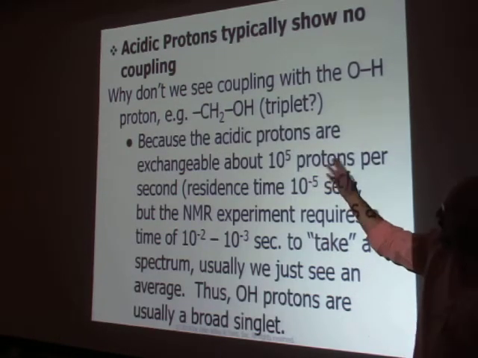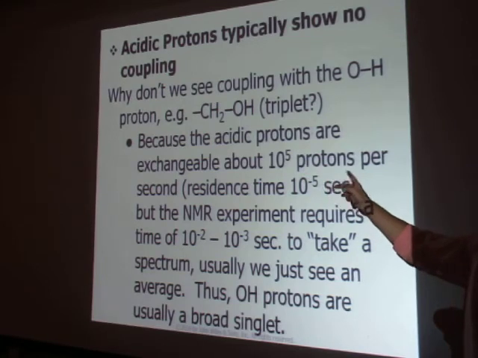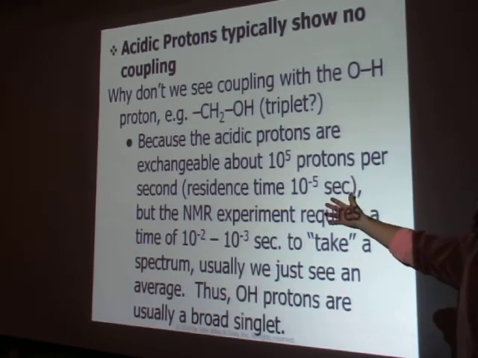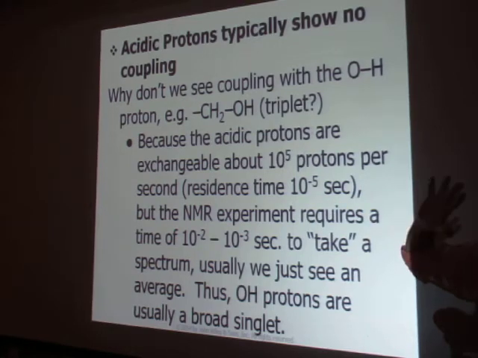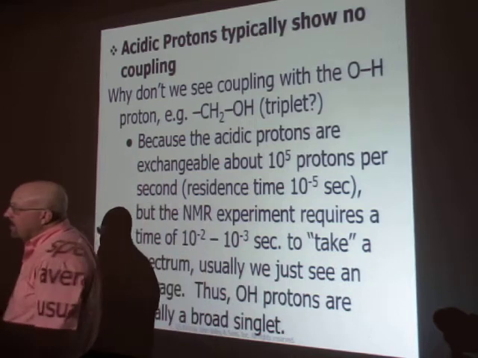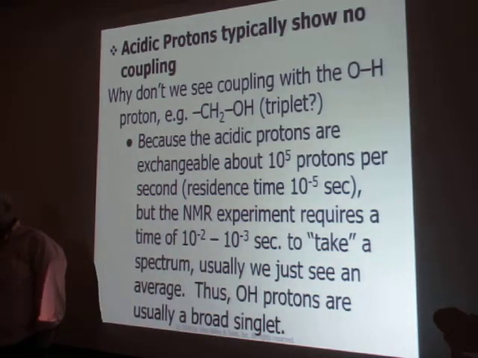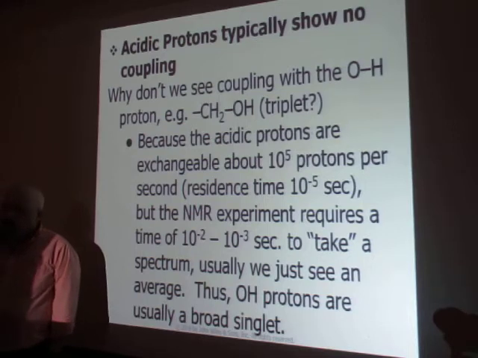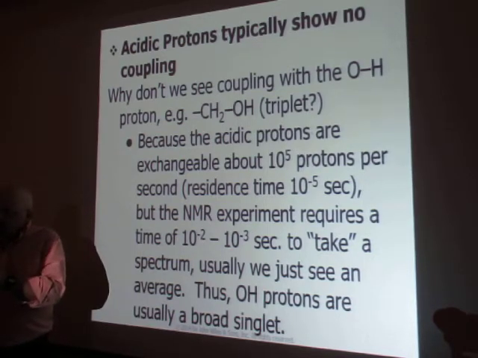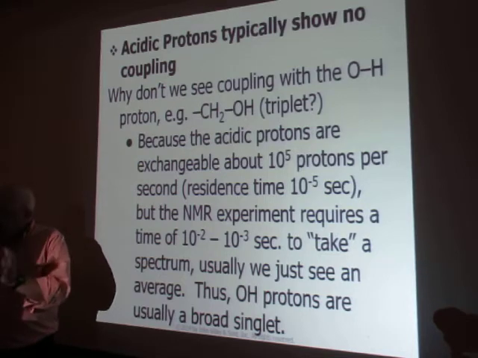So here is the speed at which your exchange is happening, where the hydrogen is coming on and off, and there's the speed the NMR is operating. So that exchange, that proton coming on and off, is happening faster than the NMR can operate. So you don't typically see a splitting from an OH. It's not going to split any other hydrogens, nor will they be split by any other hydrogens. So again, for our purposes of this class, only hydrogens on carbon are going to split each other.